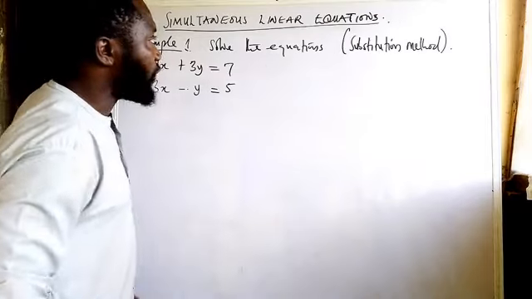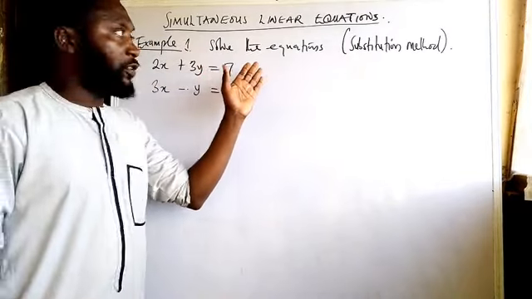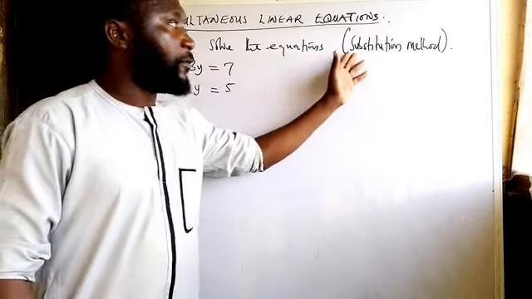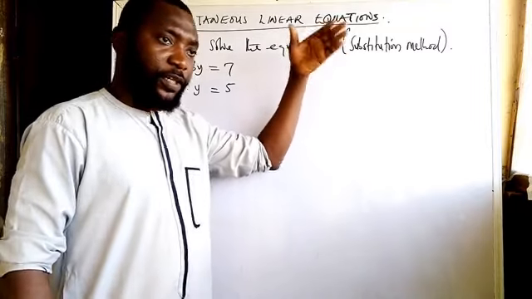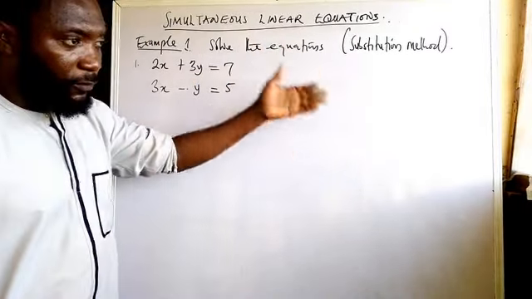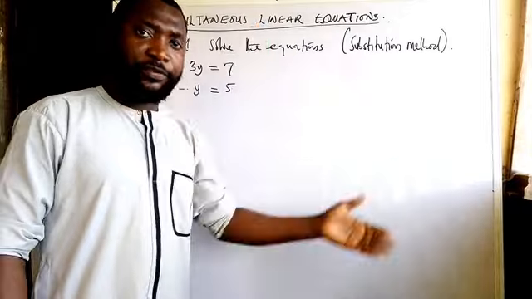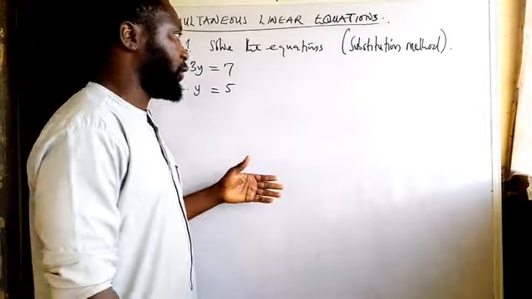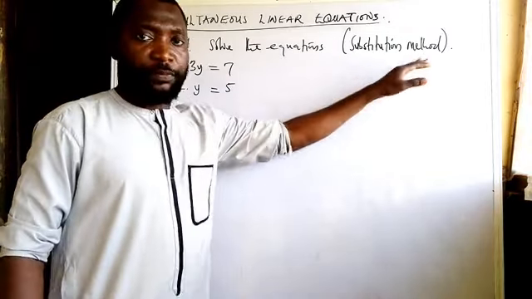So we have several ways of solving simultaneous linear equations. We have the substitution method, the elimination method, the graphical method, you can use your matrix, you can use your determinant. So we have so many ways, but we are starting with the substitution method.